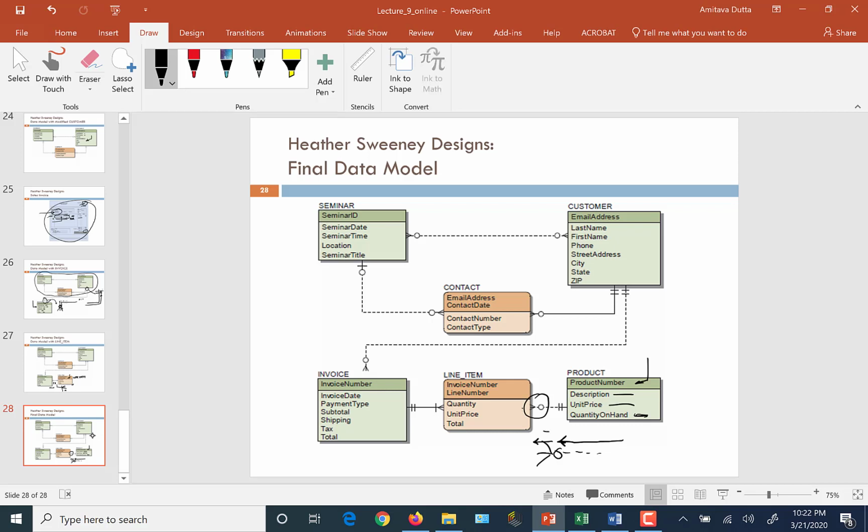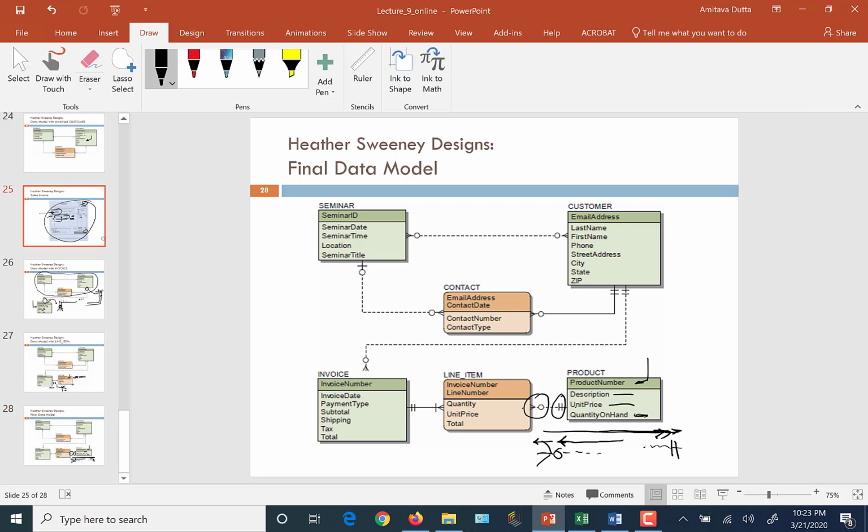Now if you go in the opposite direction, this picture, if you look on the right hand side, it looks like 2 bars. That's the cardinality here. So when I go from line item to product, one line item refers to at least one and at most one product.